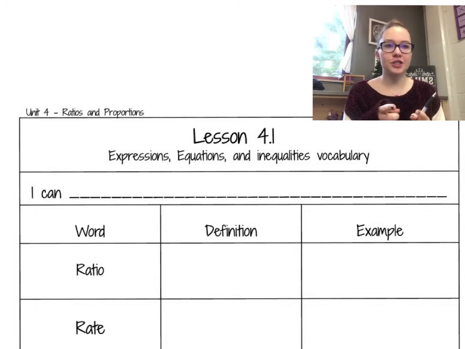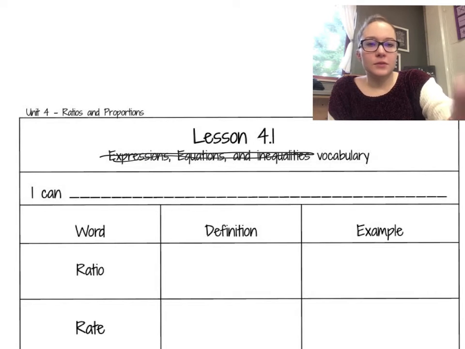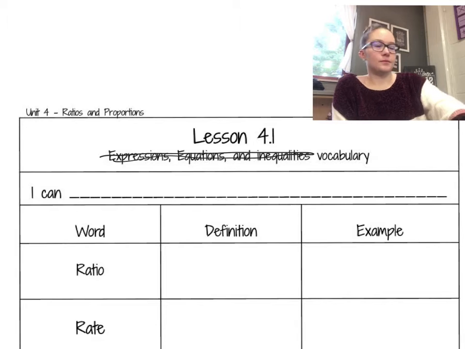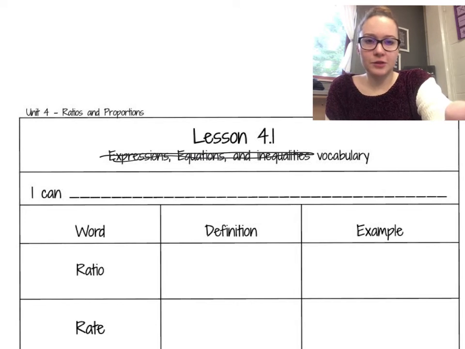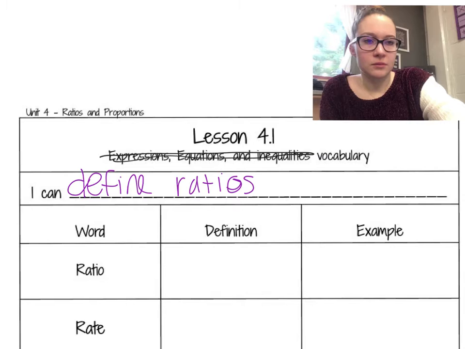Okay, so make sure you're on 4.1, which is ratios and proportions vocabulary. By the end of this page, we are going to be able to define ratios, vocabulary.